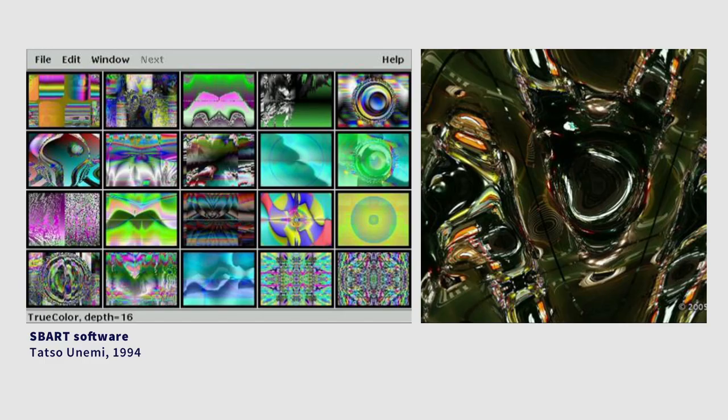For over a decade, Japanese researcher and artist Tatsuo Unemi has used his SBART software, originally released in 1994, to produce a wide variety of expressive renderings, all manually evolved. The system is still available online. By having some parameters in the image being dependent on time, Unemi is capable of generating animations too.